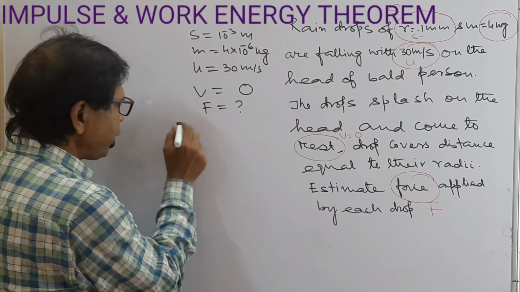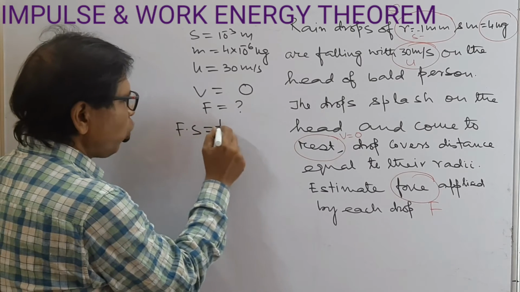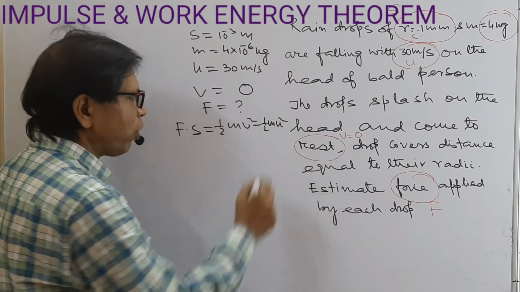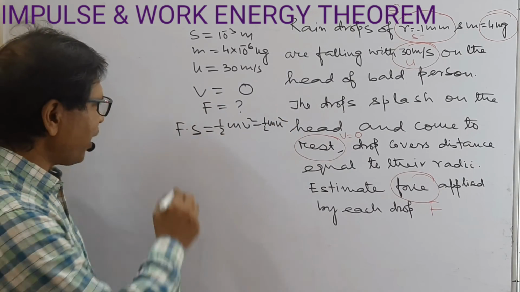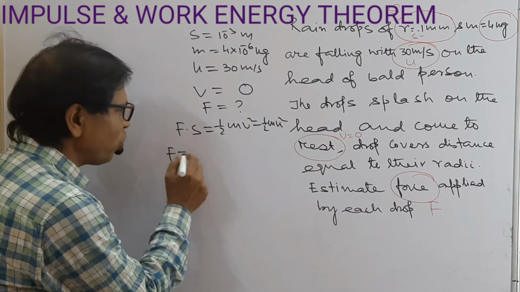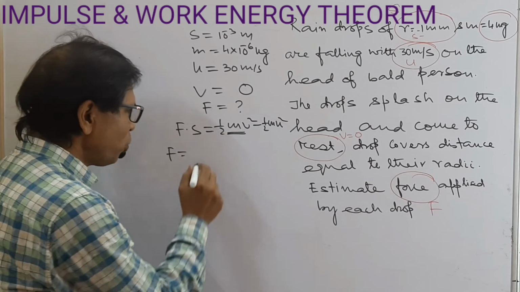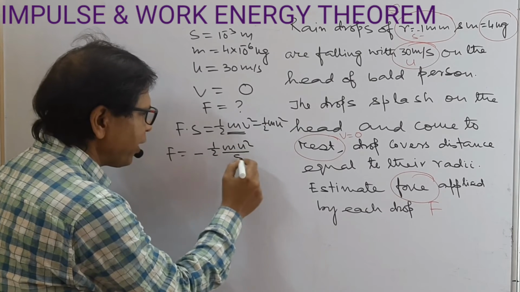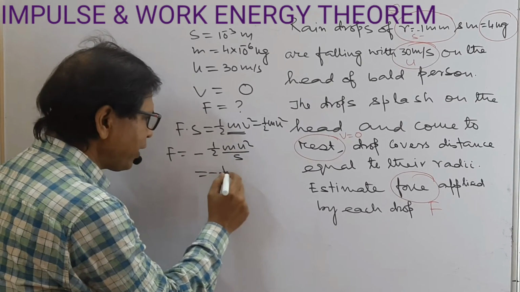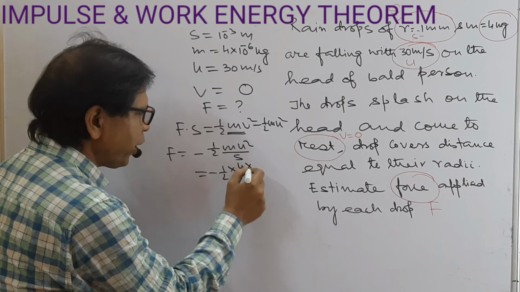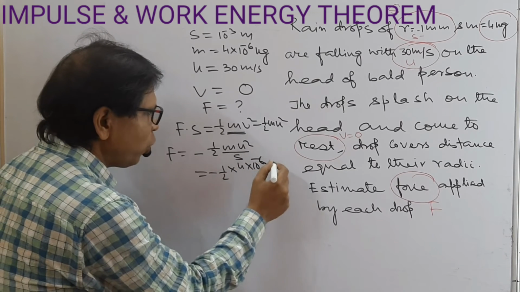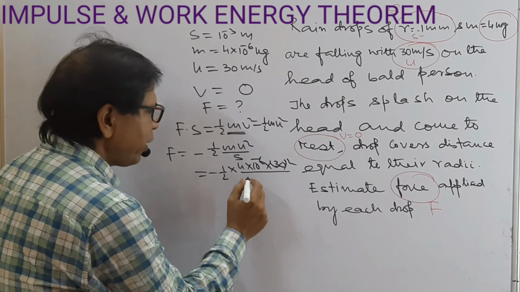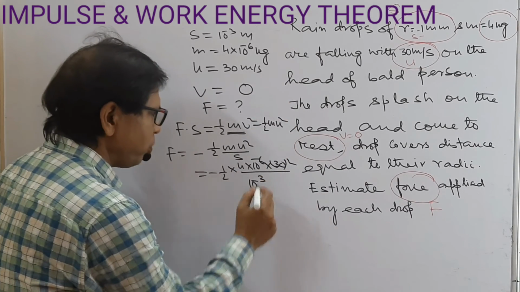Now from the work-energy theorem, Fs equals half mv square minus half mu square. So F is equal to, since v is 0, minus half mu square divided by S. Now with the data given, minus half into 4 into 10 to the power minus 6 into 30 square, divided by S, which is 10 to the power minus 3.